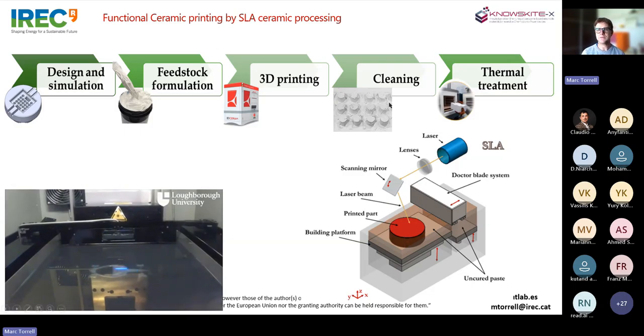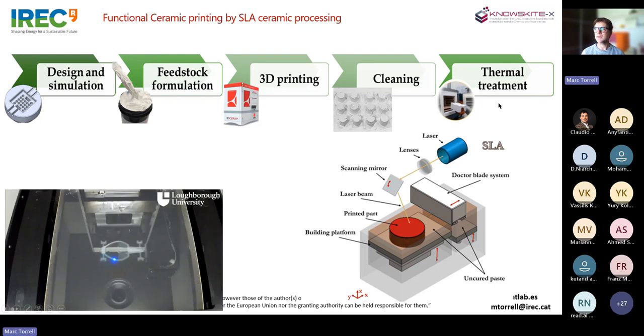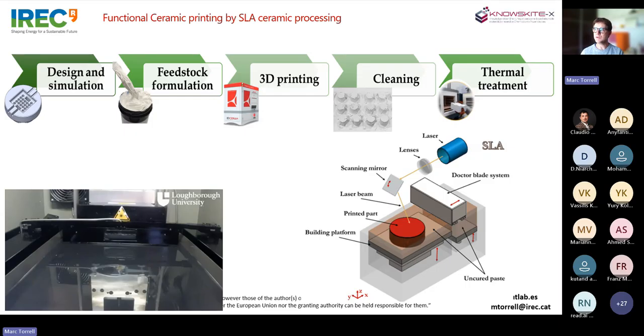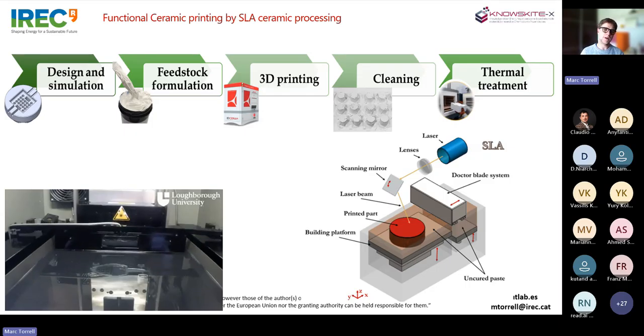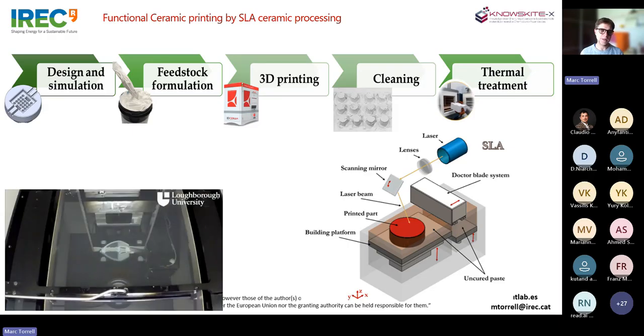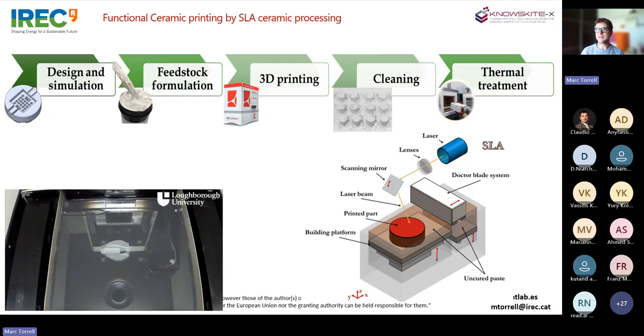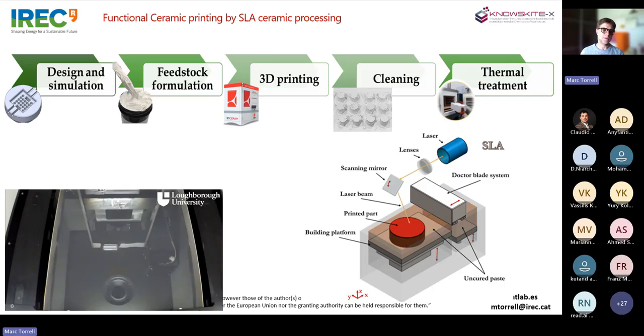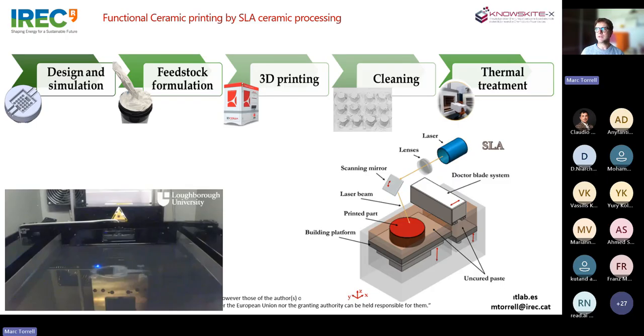Then we have a cleaning step, and afterwards we have the thermal treatment. As I was saying, our manufacturing technology is based on a mixture of photocurable polymer with the ceramic load. So at the end, what we have is a green piece, like what we get with tape casting or the conventional manufacturing technologies. So then we have to make a step called debinding, that is to burn out all the polymeric part of this green piece to end with only the ceramic.